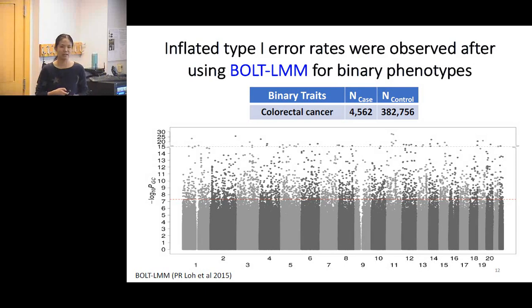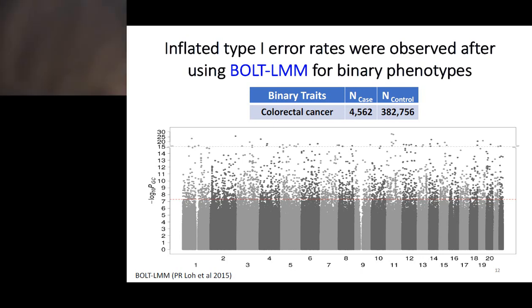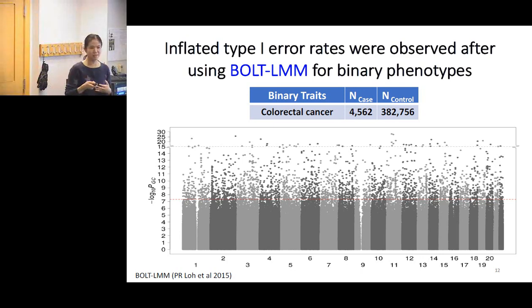And we also tried BOLT-LMM, but as you can see, for binary phenotypes, I show an example, colorectal cancer, here. If you use BOLT-LMM and you see this Manhattan plot, usually for a well-performed GWAS, if we see some significant signals here, we expect some specific spike, and not a single dot here; instead we're expecting multiple genetic variants to exist for each single significant signal, because each genetic variant tends to be correlated with its nearby genetic variants.